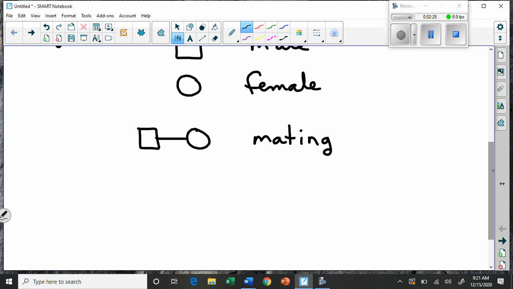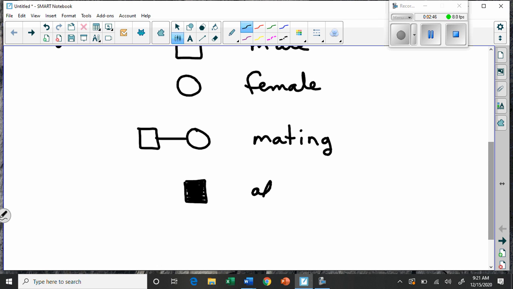Now, when the box is open like this, or not colored in, it means that they're of normal phenotype, okay? When the box is colored in, that's what we call an affected male.